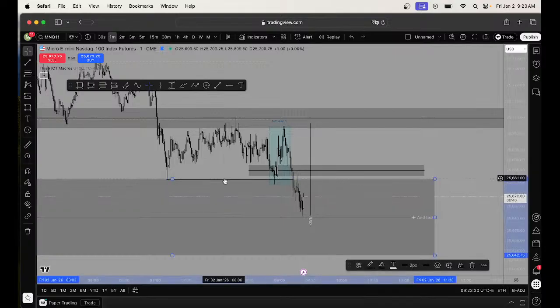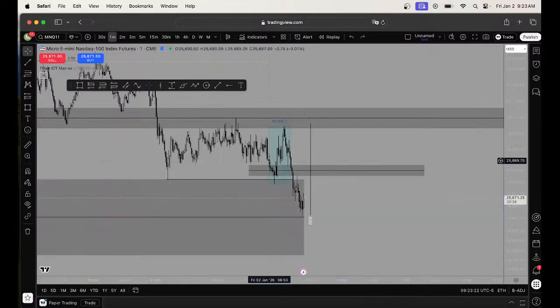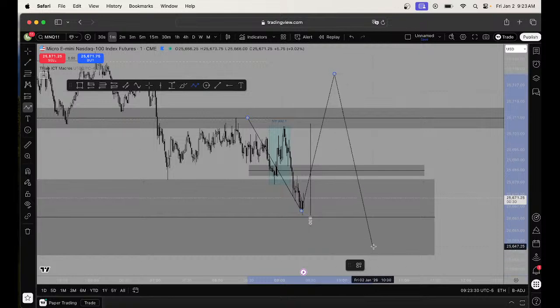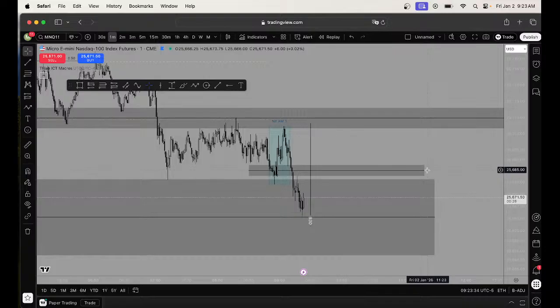But again, it could be like a 2022 model, like for ICT, where here we sweep at this side and then go lower. Also, the candle is really important.